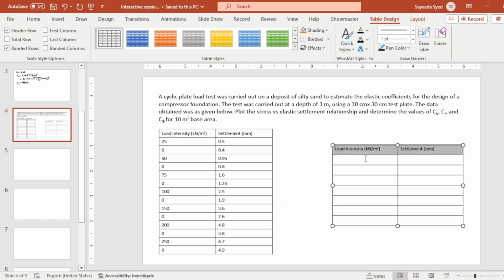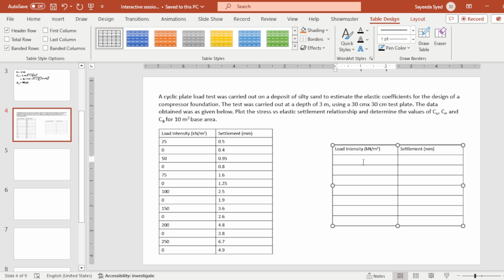For 25 kilonewton per meter square, we will have an elastic settlement of 0.1.